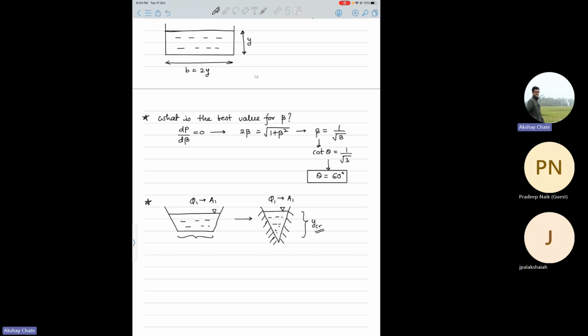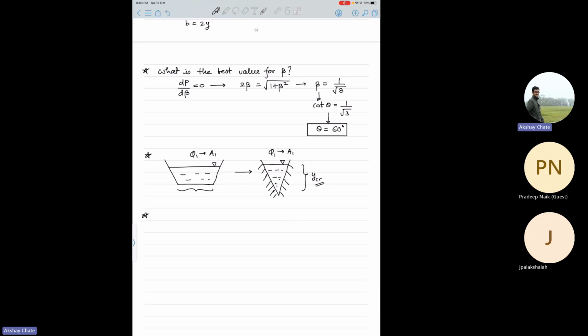Okay. So moving on, there is this important concept of specific energy. We are running out of time, and this is our last session, so we don't have a next session. I'll try to cover as much as possible, but I'll give you an overview.